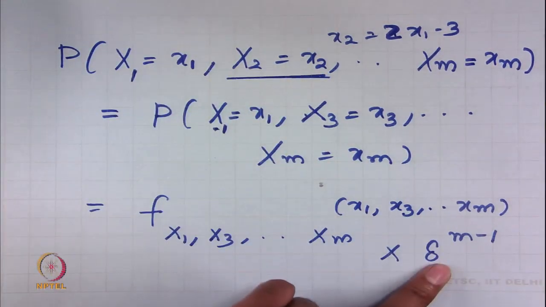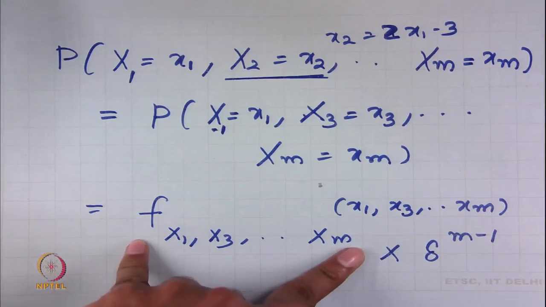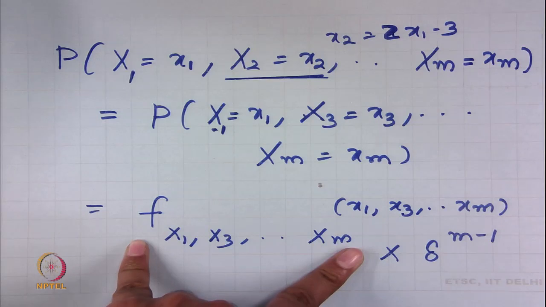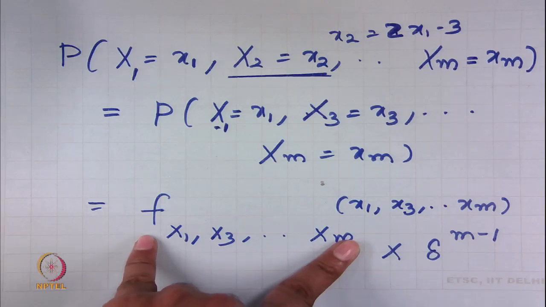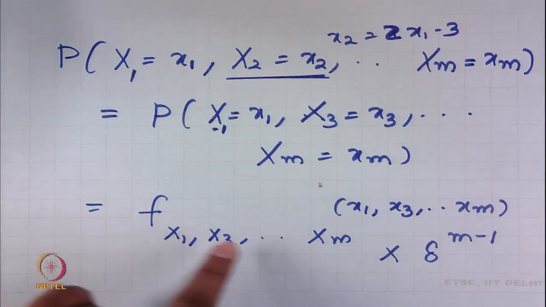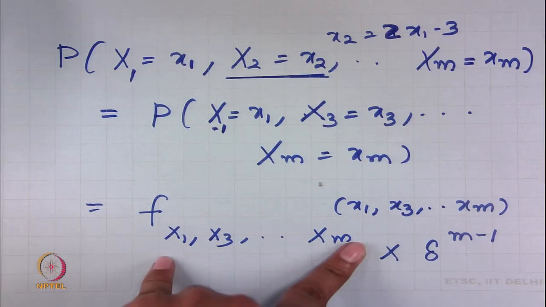The dimension of my space has reduced from m to m minus 1, and this joint probability density function is also specified over a lower dimensional space, and this probability density function will be defined because now there are no linearly dependent random variables here anymore.